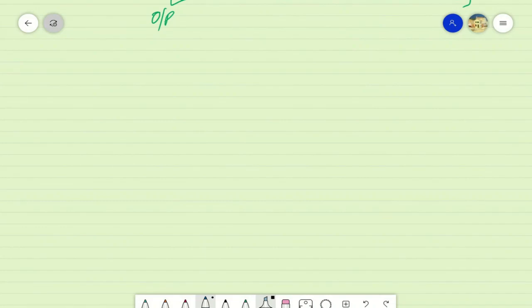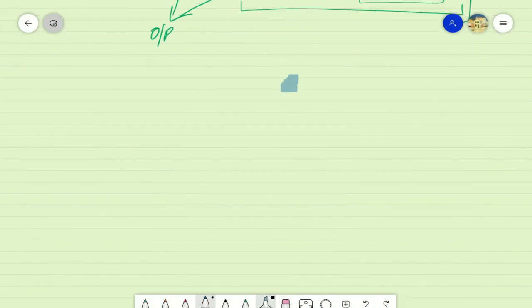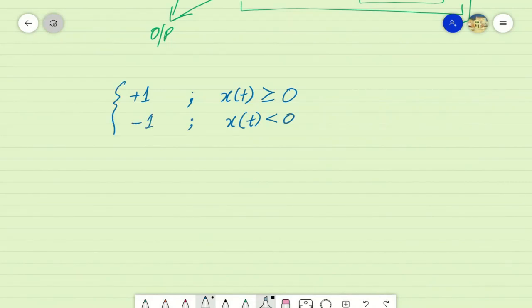A hard limiter is defined by this function. For example, if we feed a certain signal x of t as input to the hard limiter, and for the time instances where the amplitude of x of t is greater than or equal to 0, we force the output of the hard limiter as +1, and for the time instances where the amplitude of the input signal is less than 0, we force the output of the hard limiter as -1, and we obtain a certain signal that is y of t.